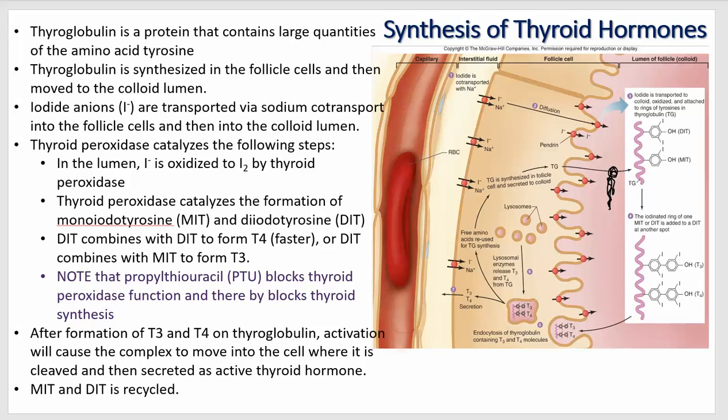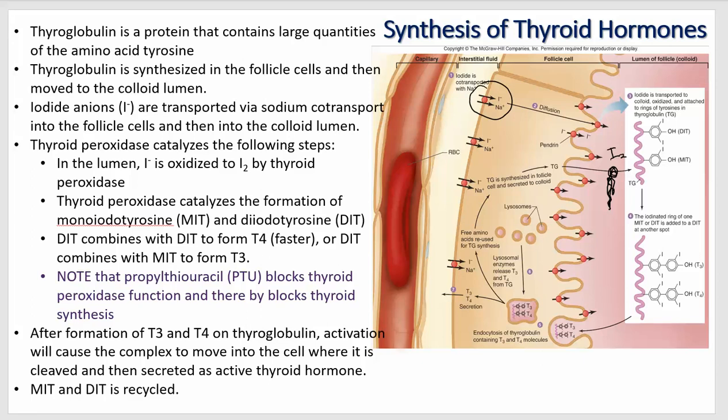So now we need iodine. So iodine ions are transported via sodium cotransport, so we can see that here, into the follicle cells, and then they move through and they just diffuse into the lumen out here. Okay. So now we have iodine ions. They move in, and then they have to be oxidized into molecular form I2.